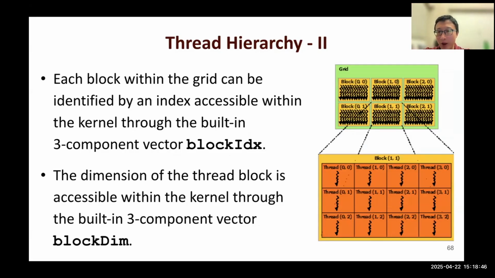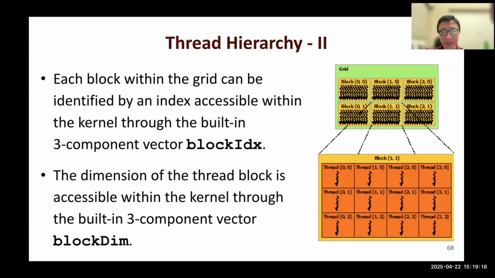Now, if you look at an individual block here, I'm just at the bottom of this figure, you see block 1, 1, which is here. I'm just talking about a 2-dimensional block. I don't get into the Z dimension, just X, Y dimension. Block 1, 1 here has how many threads? Like 1, 2, 3, 4 along X and 1, 2, 3 along Y. So we have 3 times 4 threads in my block.